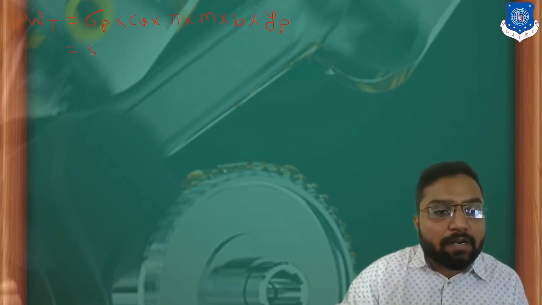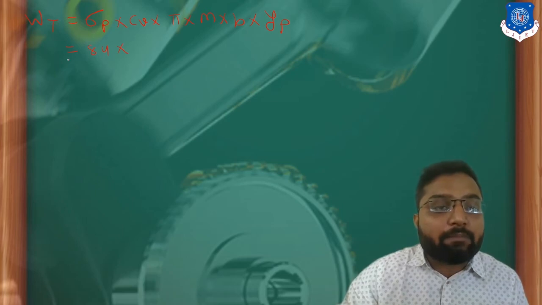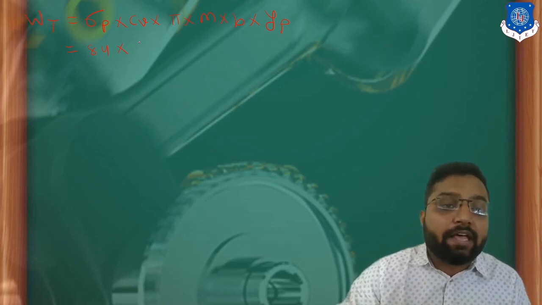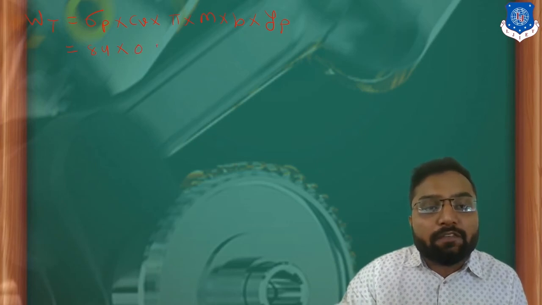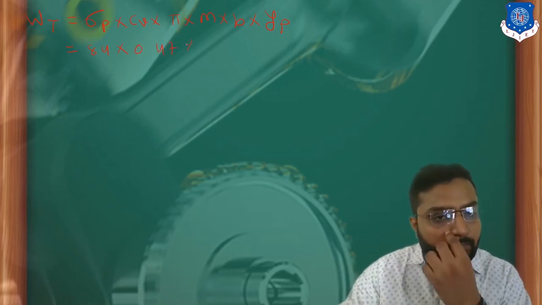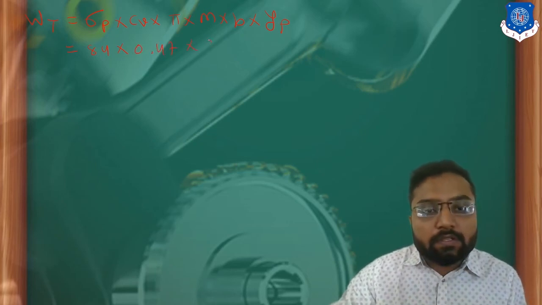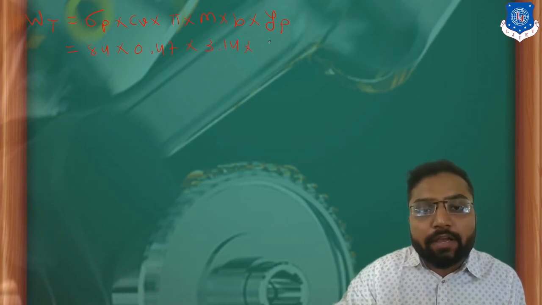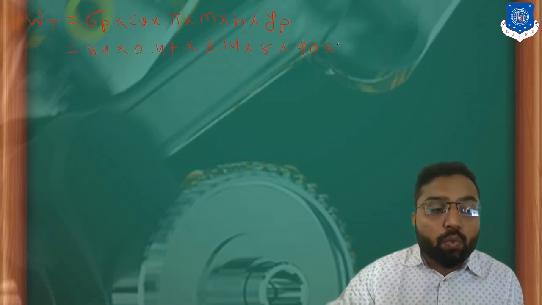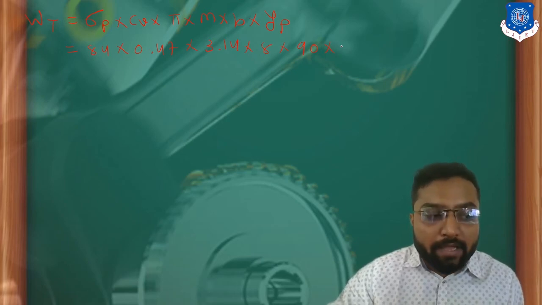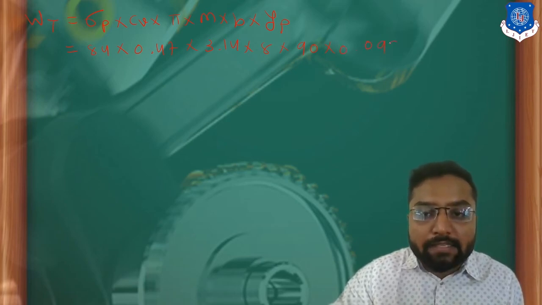Sigma P is 84. Here I'm taking all the values in megapascal, so all lengths will be in mm. 0.427 into 3.14 into 8 into 90. I'm taking every value in terms of mm, and YP is 0.097.